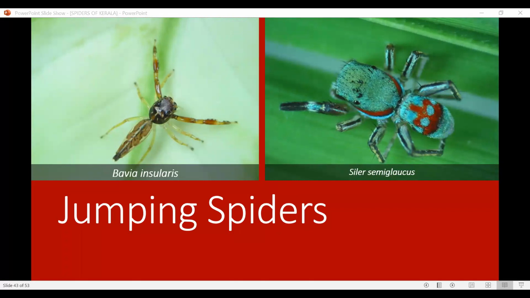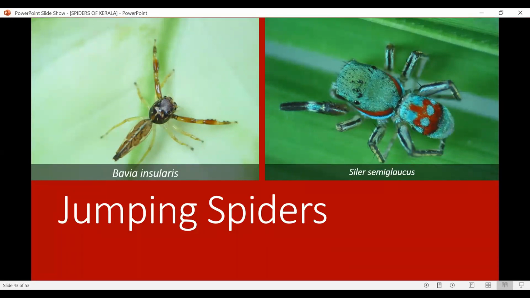And jumping spiders are also one group of spiders which you can very easily identify, because the front two eyes, the anterior median eyes, are so prominent, just like two headlights of a car. By simply looking at the nature of these eyes, we can immediately say whether this belongs to jumping spiders, the Salticidae, or to some other family.